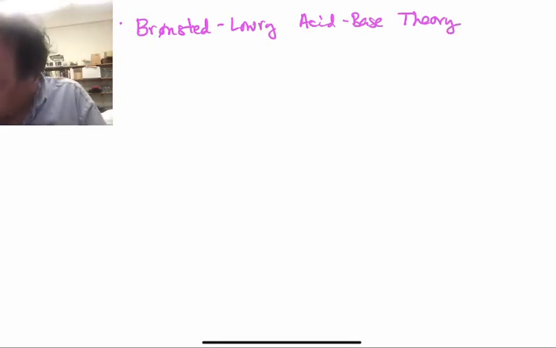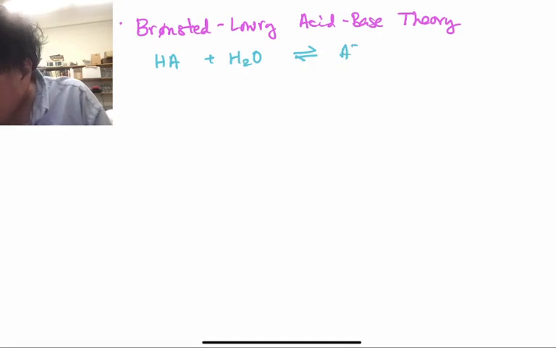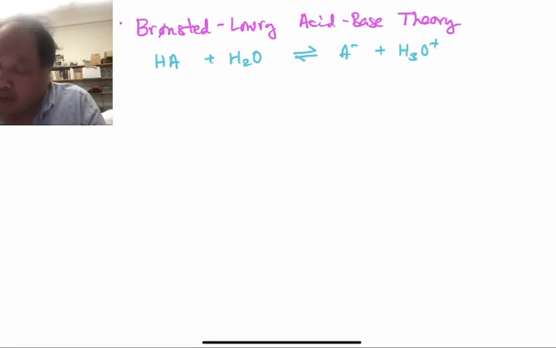So up to now, our reactions have been in the form HA, the general acid, reacting with water to make A minus plus H3O plus. But now we'll still have the general acid, HA, but rather than reacting with water, it's going to react with a base.